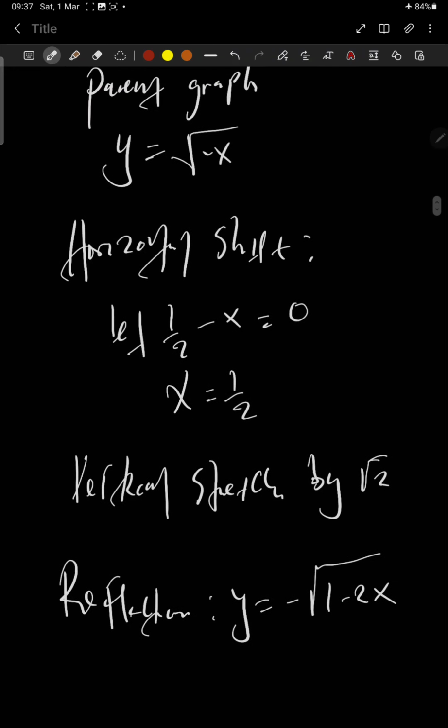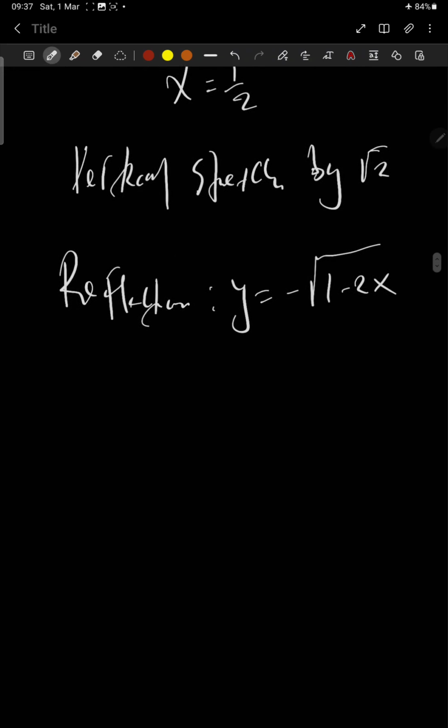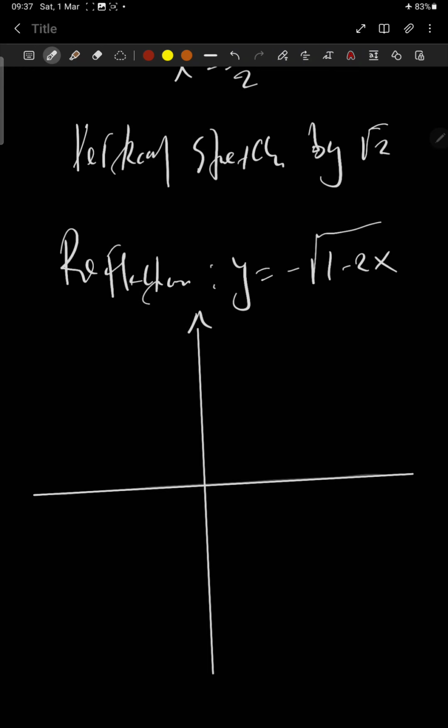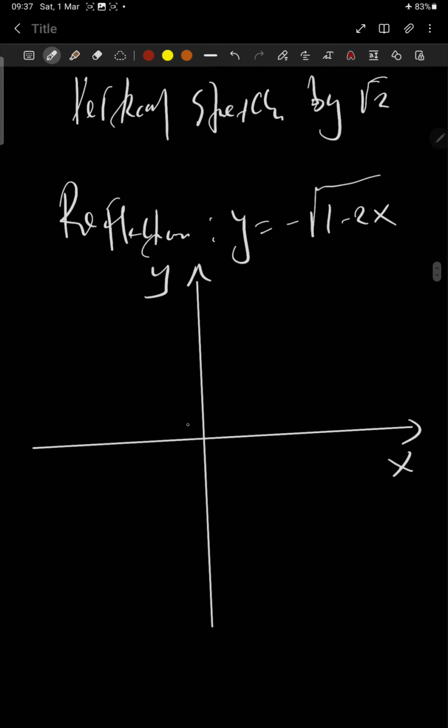Okay, so I have all this information. Now let me sketch. Y and x. The first thing is the parent graph, and I'll draw it in this fashion. So this is y equal to square root of negative x when this is 0.